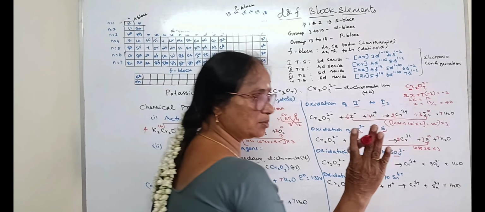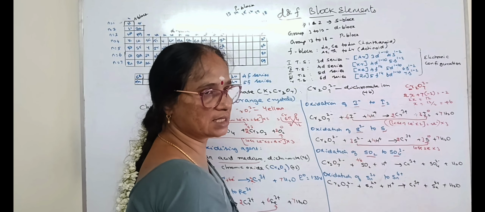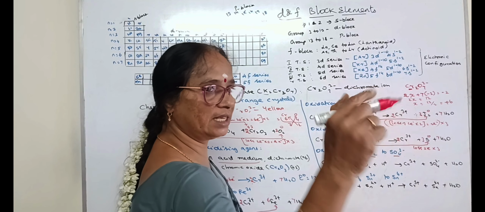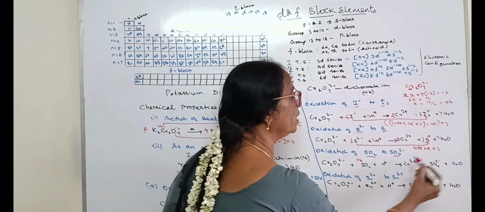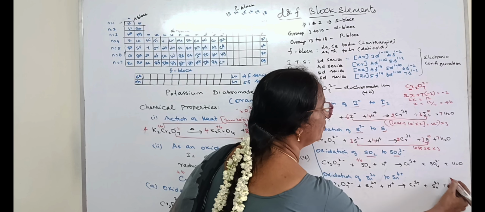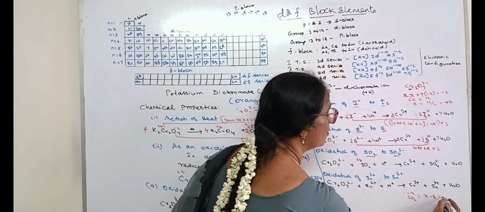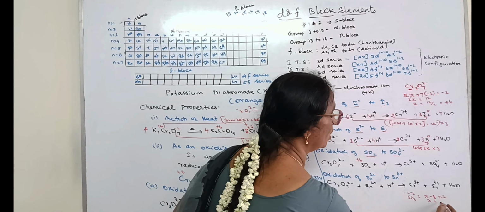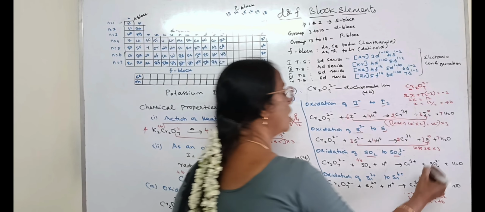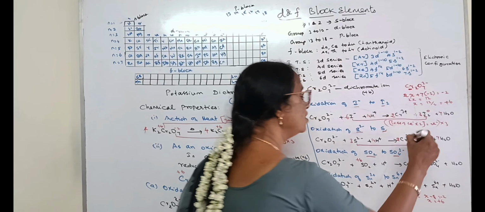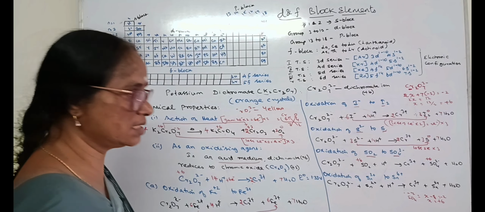Oxygen 4 times, 4 into -2 is -8, here we have to equate with the charge. So for SO4 2 minus, we can write x - 8 = -2, or x equals +6. Therefore the oxidation state of sulfur in sulfate is +6.